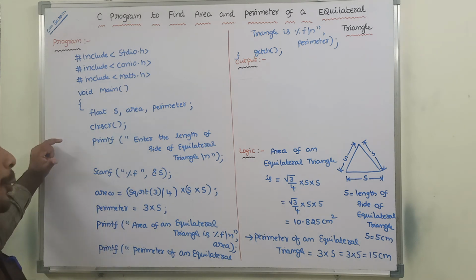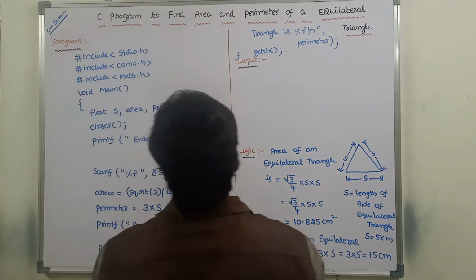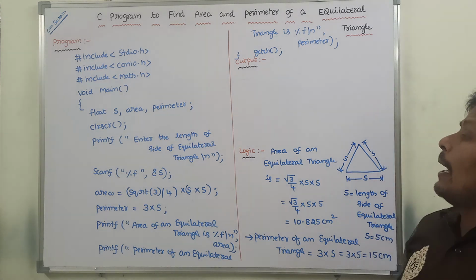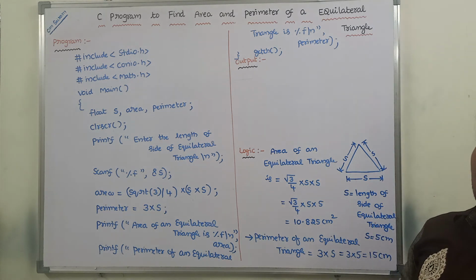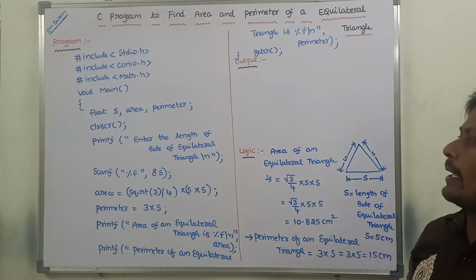So this is the program we use for calculating the area and perimeter of an equilateral triangle.